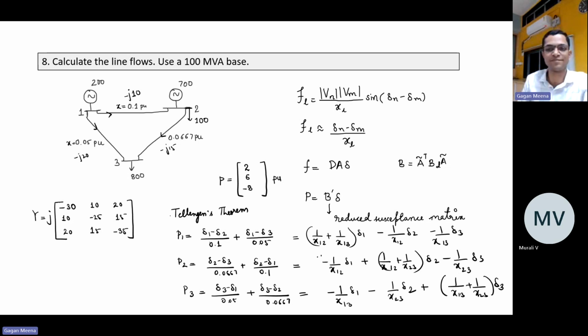So if we compare these two, we can write this is 10, this is 20, this will be 30, this will be minus 10, minus 20, minus 10, 25, minus 15, minus 20.